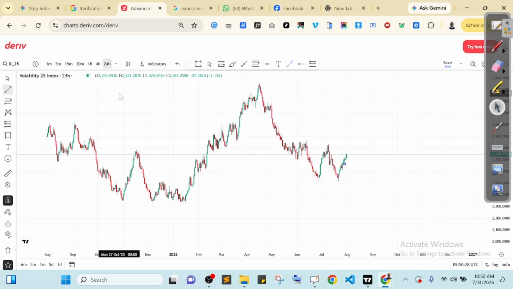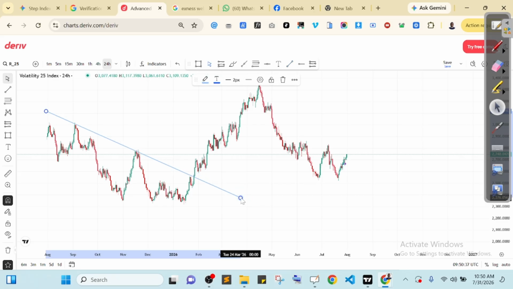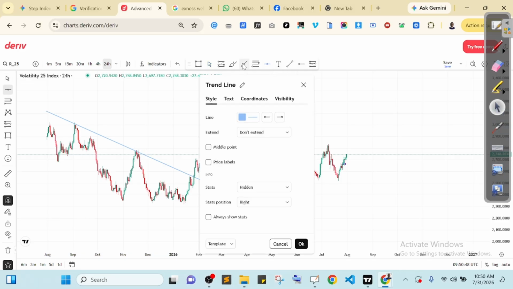So previously you can see that this market is bearish, right? Then what happened? There's a breakout of this level, right? Look at this, okay? There's a breakout of this level.